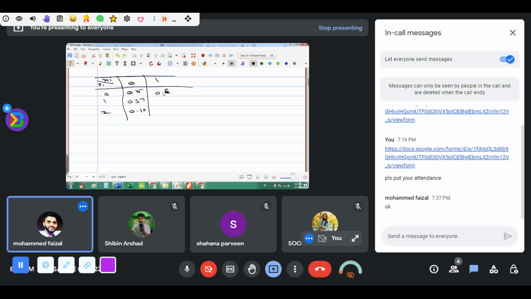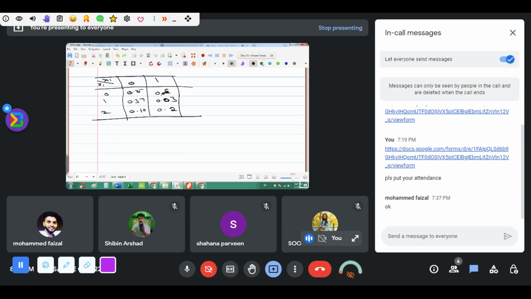Then 0.3, 0.2. This one is 0.3, this one is 0.3, this one is 0, and this one is 0.2.